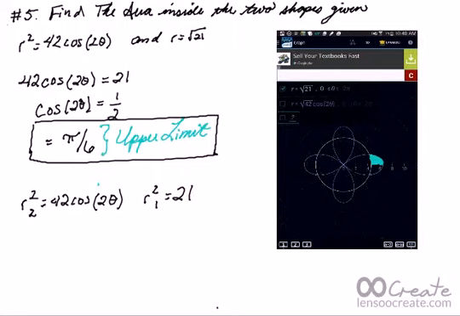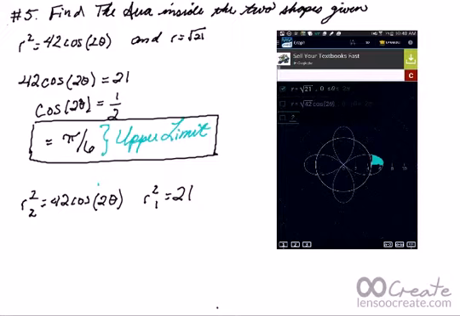Anyways, moving on, the first step when you're solving these is to graph it. That way, once you graph it, you can see what you're looking for and what you need to solve for. Here, we know that our first theta is going to be 0, because that's the bottom of the shape, if you will.